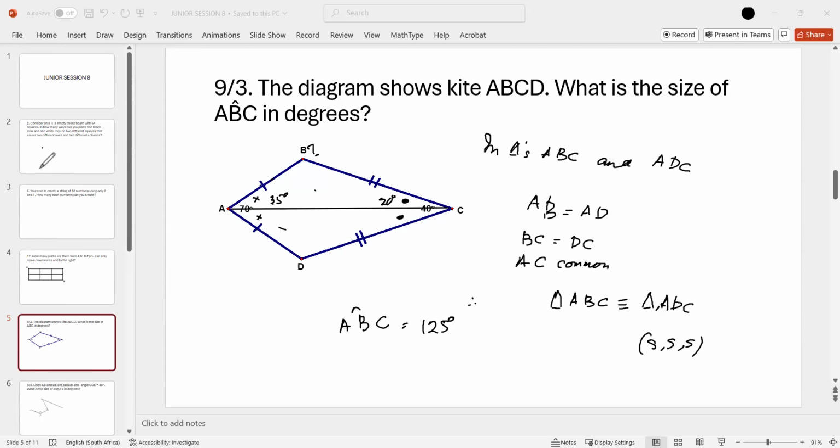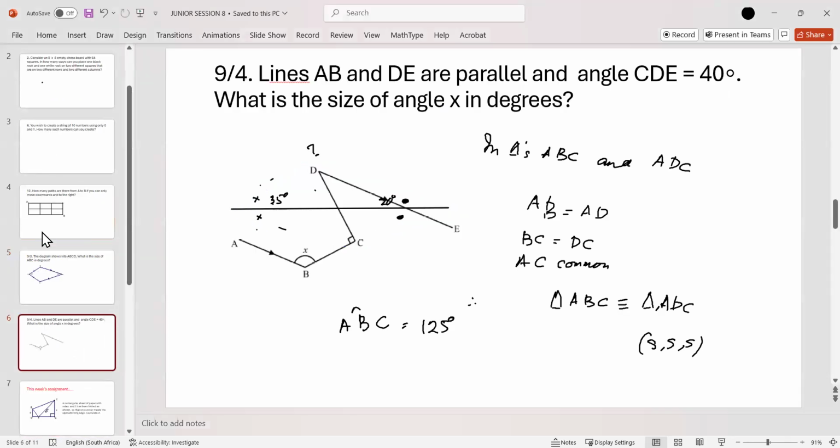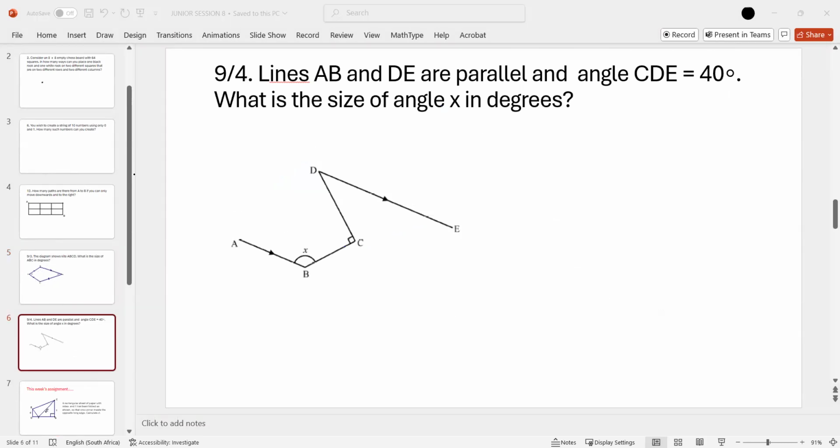Okay, so that takes me now to the next problem. So you've got lines AB and DE are parallel. This line here is parallel to this. And angle CDE is 40 degrees.